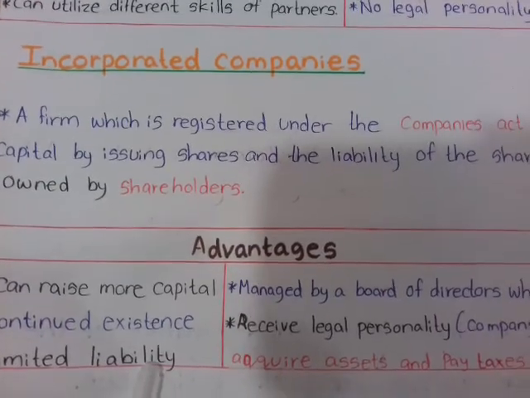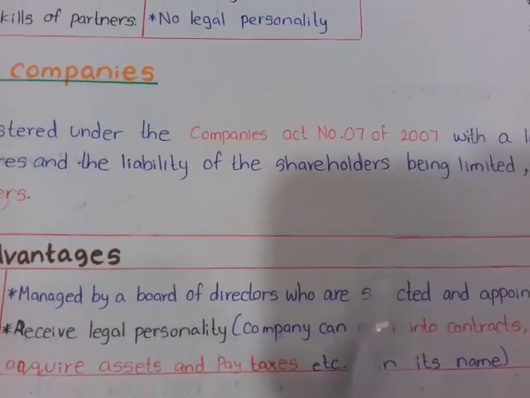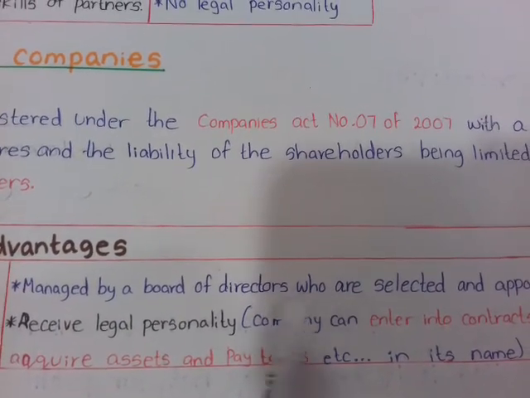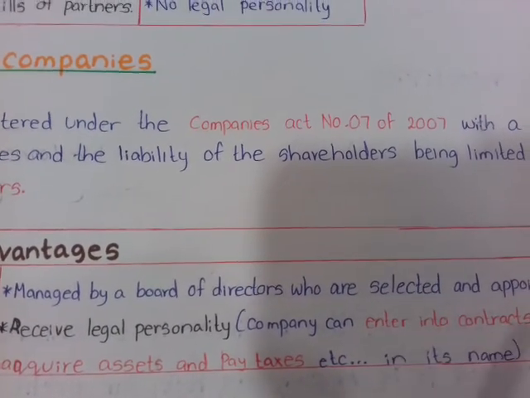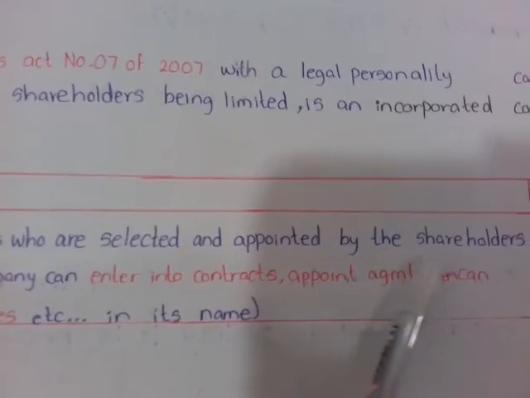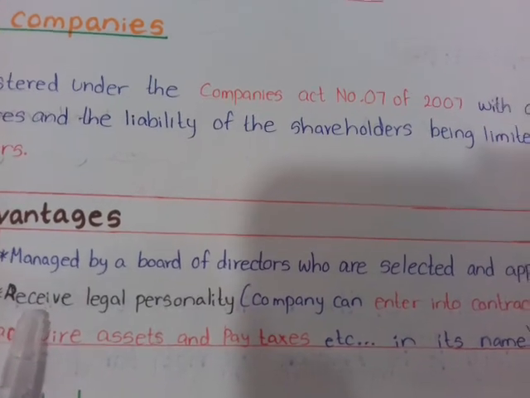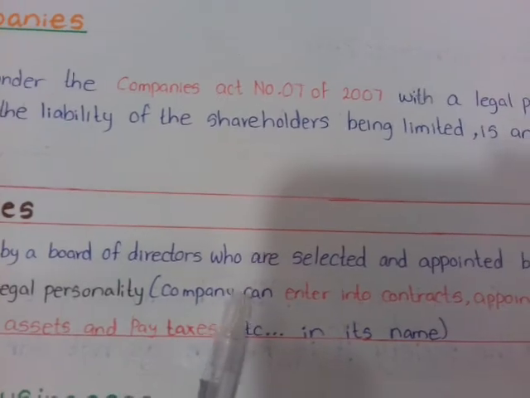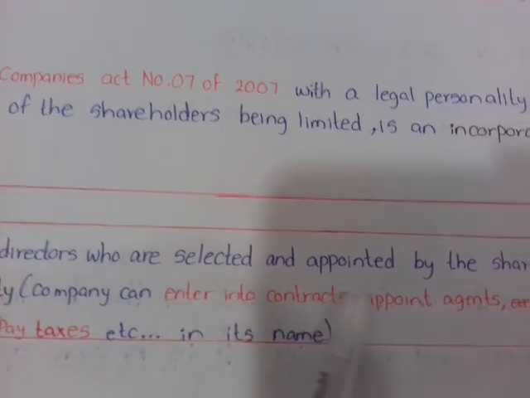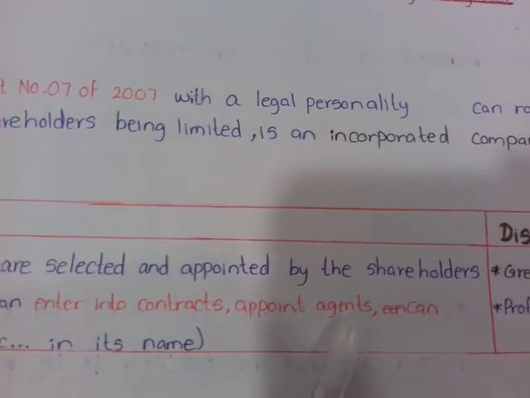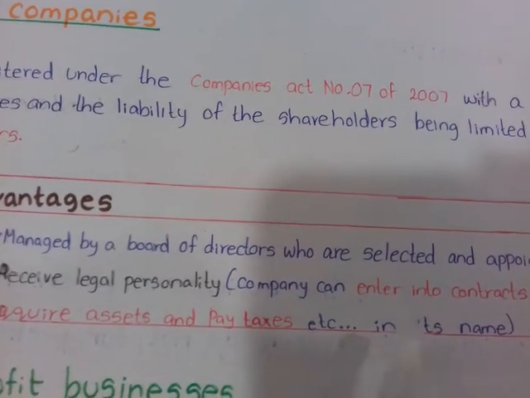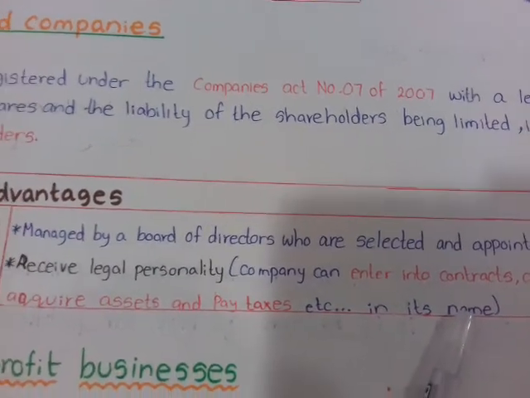Limited liability, and here there is a new one. What is that? Managed by a board of directors who are selected and appointed by the shareholders. And the next advantage is receiving a legal personality. So the company can enter into contracts, appoint agents, and can acquire assets and pay taxes in its business name.